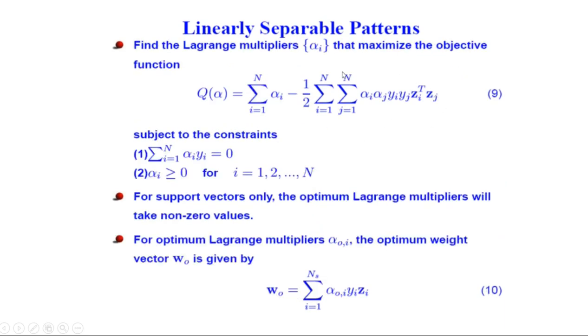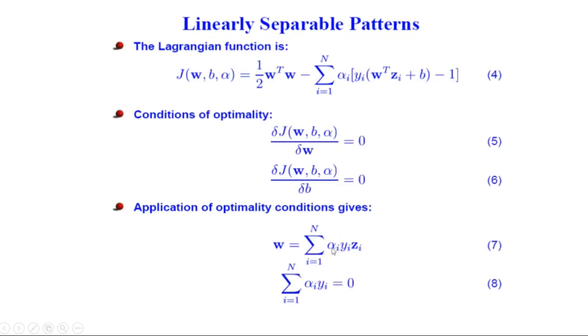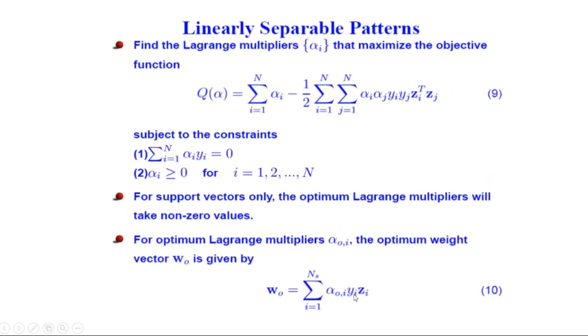After solving this equation, you will get optimal Lagrangian multipliers, alpha o i. So the optimal weights are given as the sum over i equal to 1 to n of alpha o i yi zi.